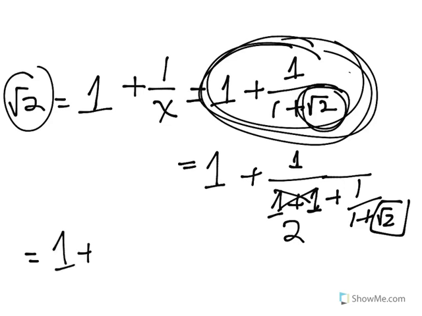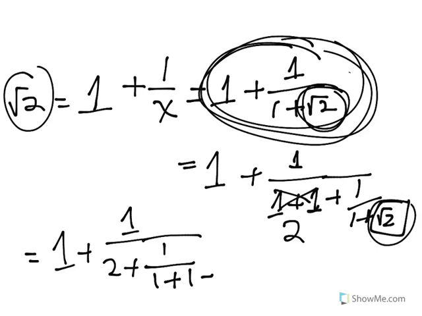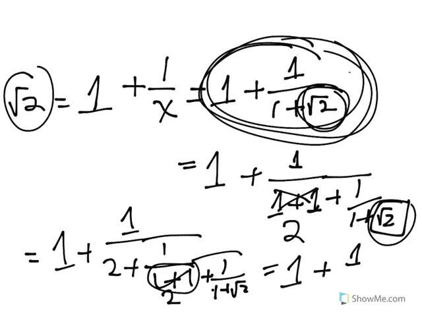So I have 1, this is the original 1, plus 1 over 2, plus 1 over 1 plus, and this square root of 2 is 1 plus 1 over 1 plus square root of 2, and those things become a 2. And that will keep on happening forever, so we'll end up with 2 plus 1 over 2 plus going on. In other words, the square root of 2 can be written as 1, 2, 2, 2, and so on.